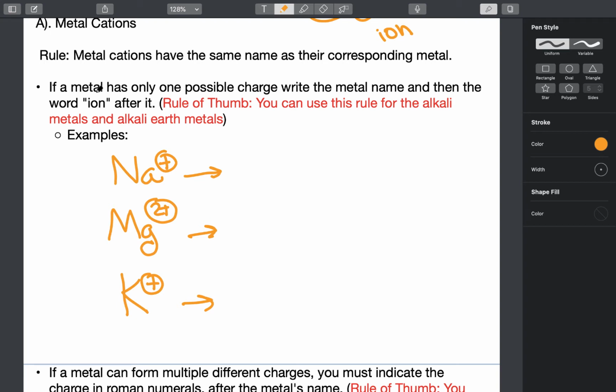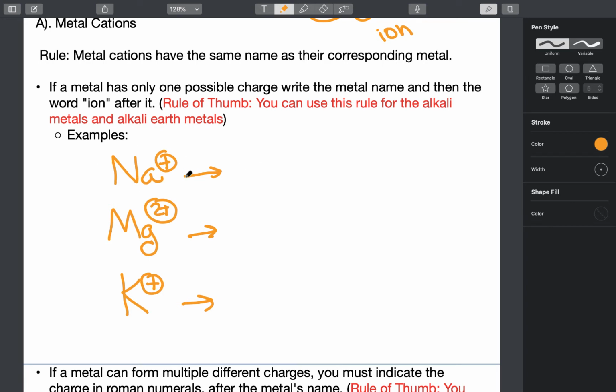The first rule is that if a metal has only one possible charge, if it can only form one type of charge, we can just write the metal name and then the word ion after it. You can use this rule to write ions from the group 1 metals and group 2 metals, so this will work for the alkali metals and the alkaline earth metals. Some examples include sodium ion.